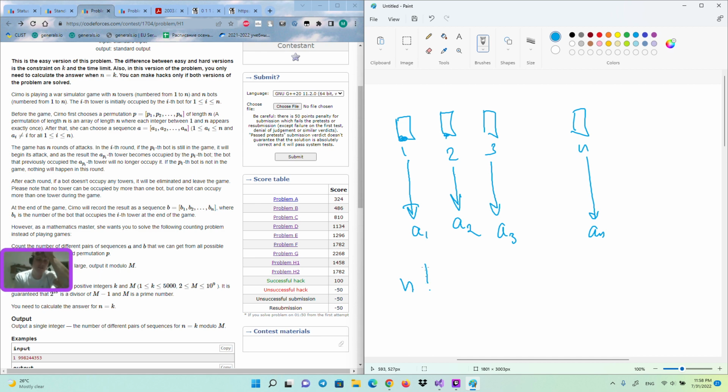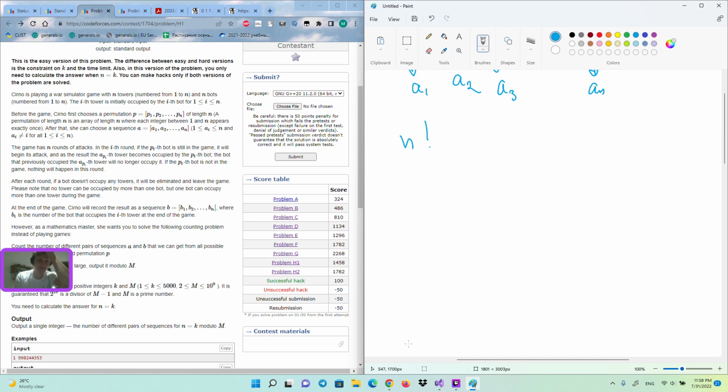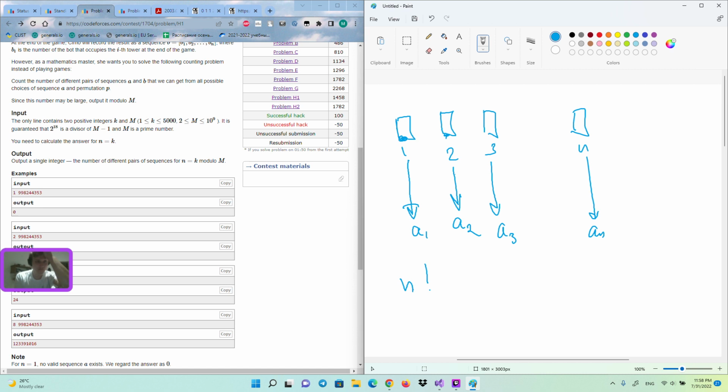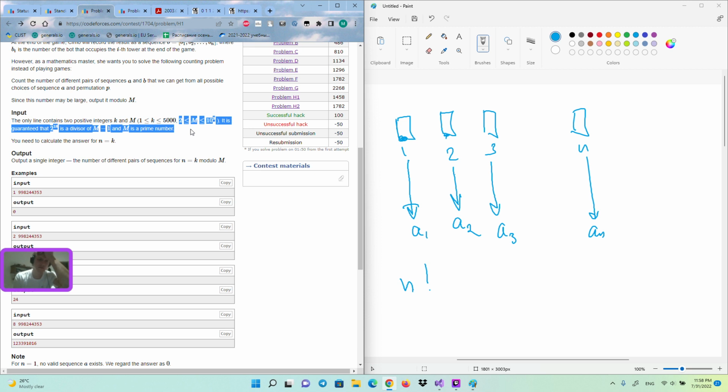Oh, mathematics. Oh no. What is this? Is it like the only number is this one?